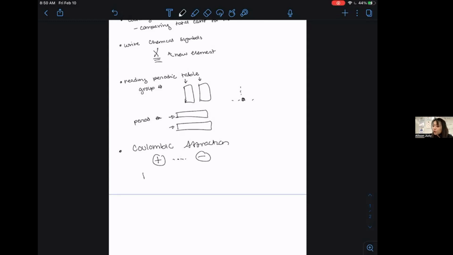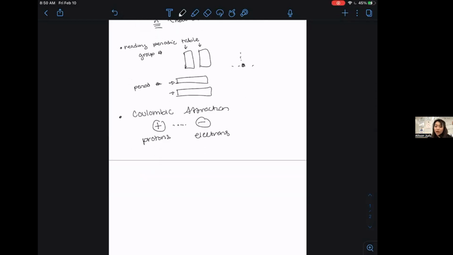The protons. What are the negative particles? The electrons. So that was the root of everything. When I said explain why it's increasing or decreasing, you had to talk about Coulombic attraction. Simply restating your arrows was not enough. I can read your arrows. That doesn't tell me that you know why.